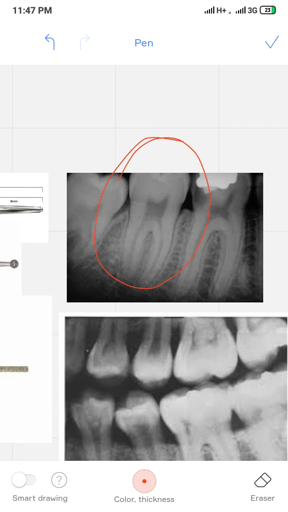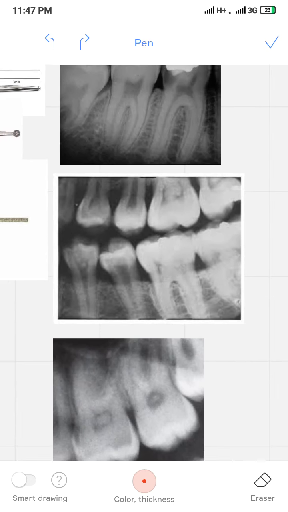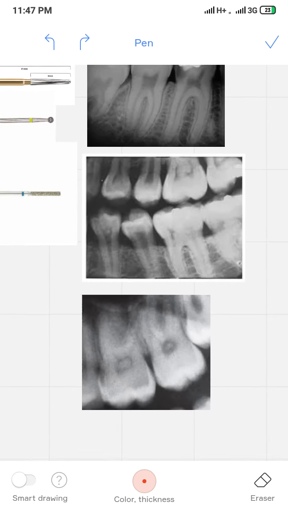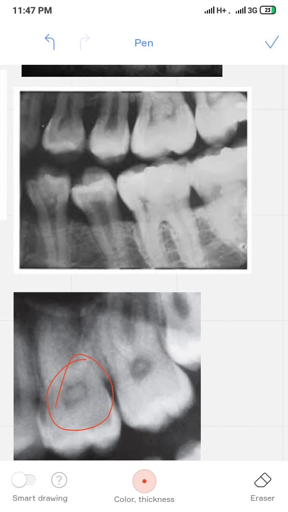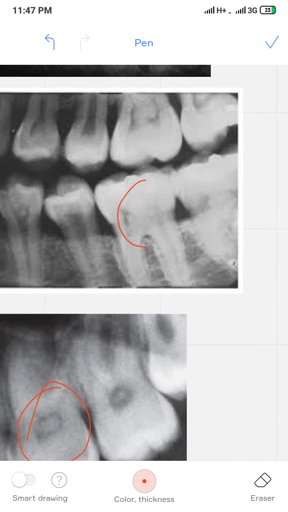With a large pulp chamber, with clean orifices, but that really doesn't happen, because most of the time there are difficulties like pulp stones, like in this x-ray, or obliterated pulp space due to secondary dentin formations.